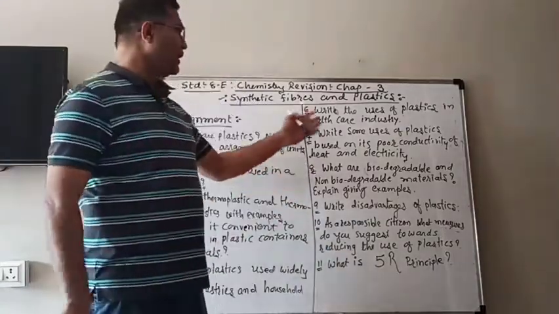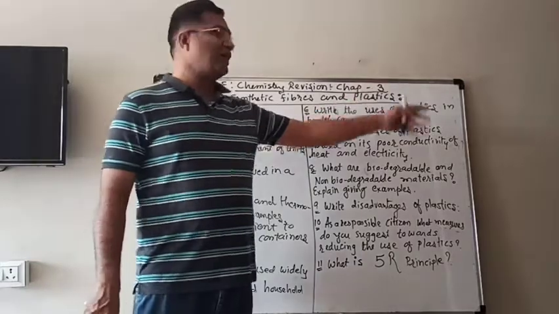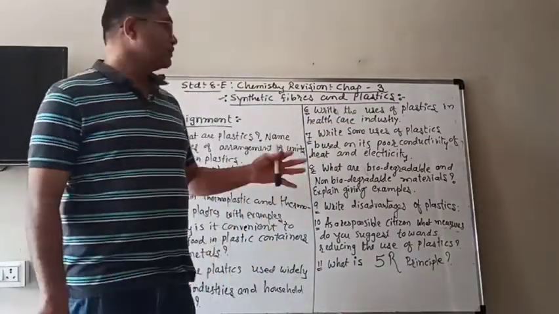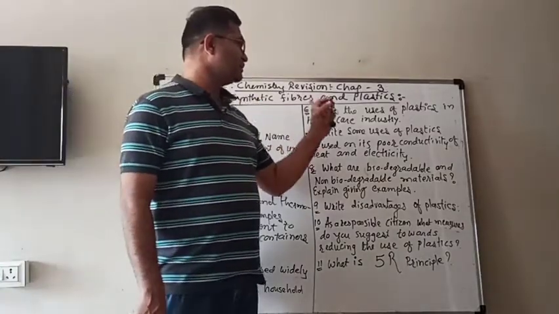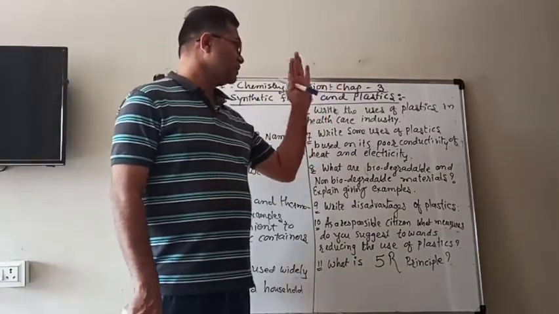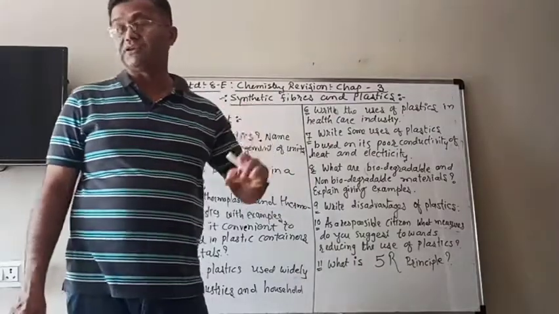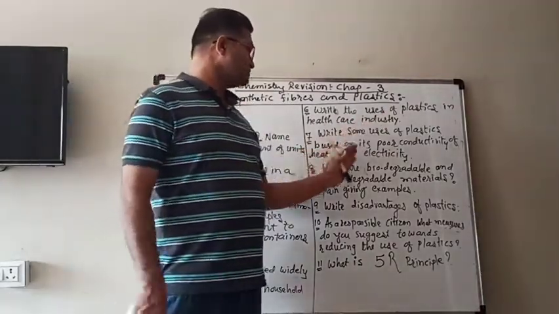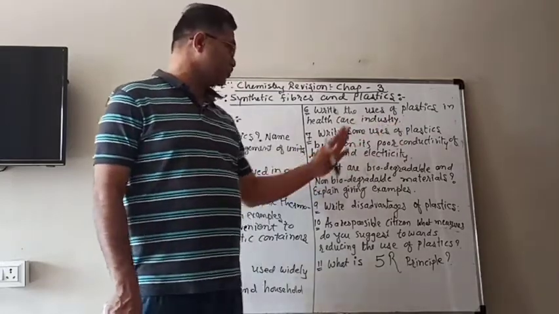So, in the healthcare industry also, a variety of articles are made from plastic. So, plastics are very useful in different types of industries. Write some uses of plastic, which we already talked about.